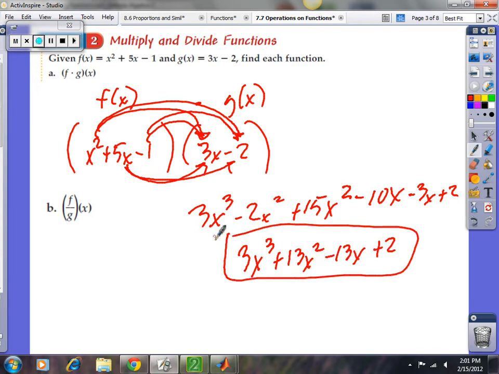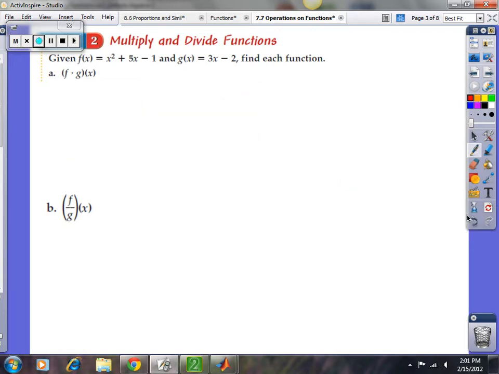Okay, let's divide them. Dividing is actually a lot easier than add, minus, or times. All you need to do is set it up as a fraction. You don't need to do long division. Let's just draw a fraction. What goes on top? What goes on bottom? x squared plus 5x minus 1 goes on top. On bottom, 3x minus 2.